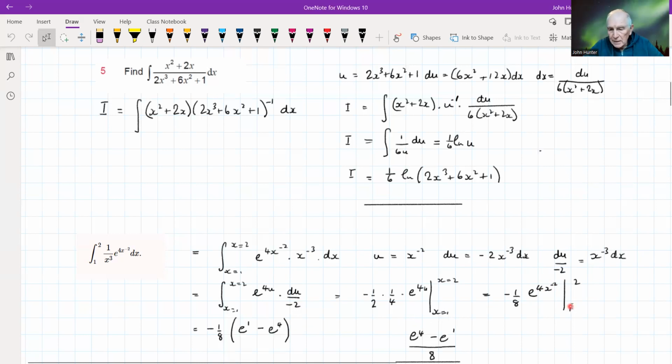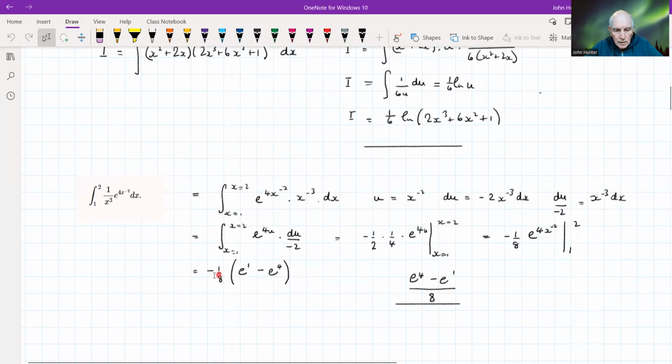And then if we evaluate it at 1, we're going to get 1 to the power of minus 2, which is 1, and so all this will be e to the power of 4. So just a little bit of manipulation, I'll say no more than that. We're going to end up with this thing, which, in its simplest form, is e to the power of 4 minus e to the power of 1, all divided by 8.